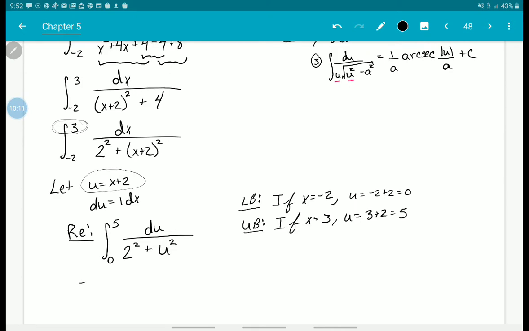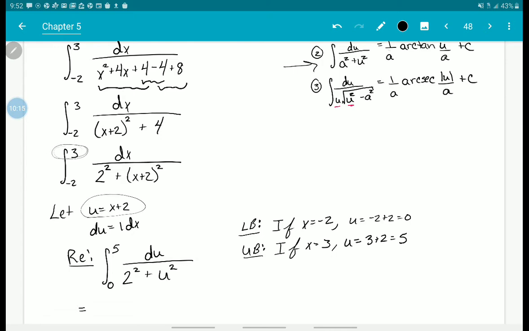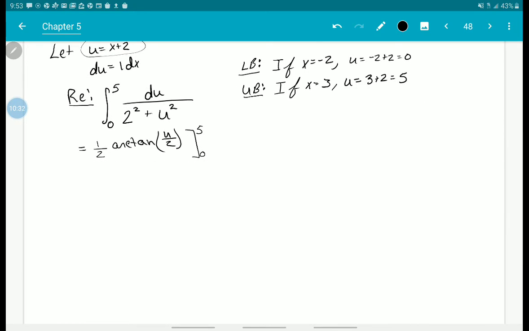So now if we integrate using that arctan formula, it's going to be 1 over a times the arctan of u over a. And this is a definite integral, so we're integrating from, in this case, 0 to 5. Okay, so we transformed everything into u's. No need to go back to x's as long as you tweak your bounds.